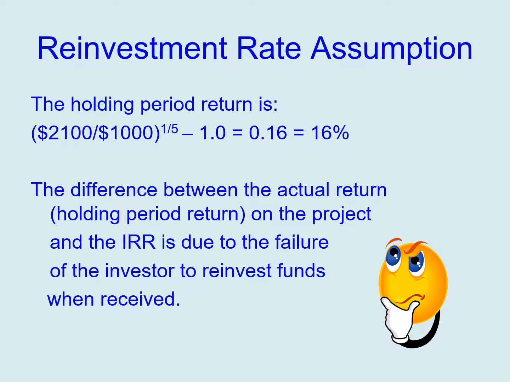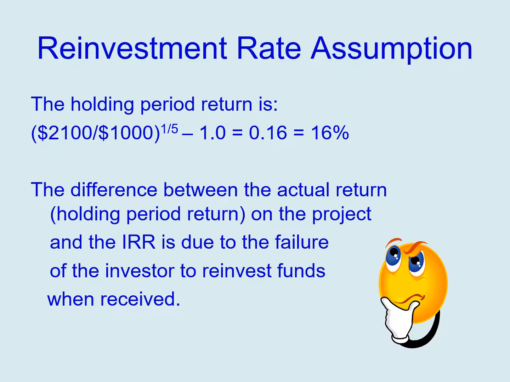So if I convert that to a holding period return, I take the cash flows I received summed up, which is $2,100, divided by my investment, which was $1,000, and then I take that to the inverse of the number of years of the project's life. So the project had a 5-year life, so we'll raise that to the 1/5 power, and then subtract 1, and you get 0.16.